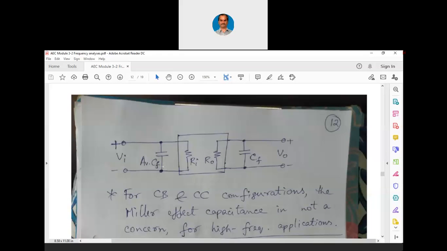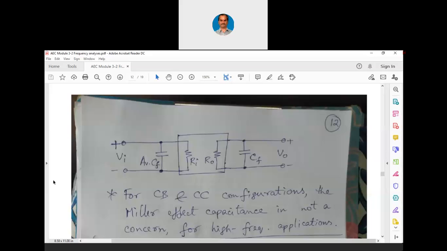Why did we write AV into CF? When AV is much larger than 1, 1 minus AV is almost equivalent to AV itself. Now you can think, if AV is equal to 200, 1 minus 200 becomes minus 199.